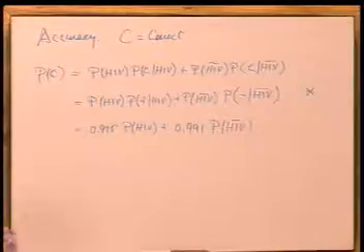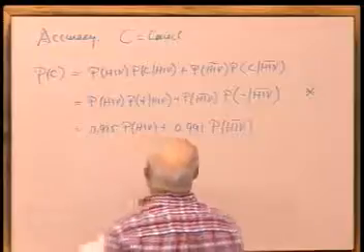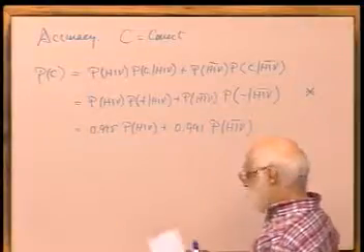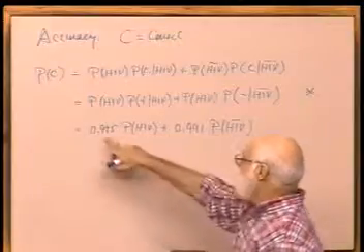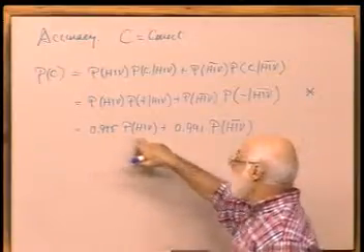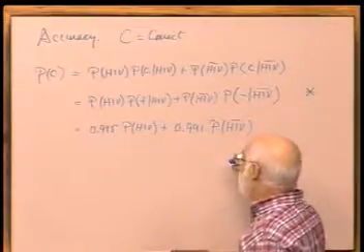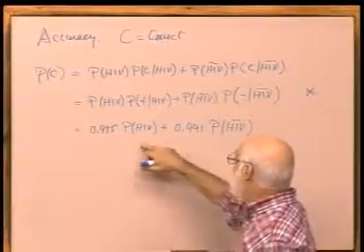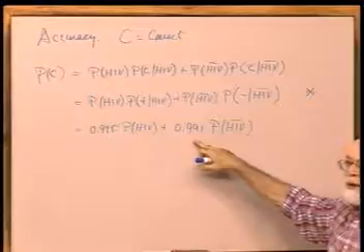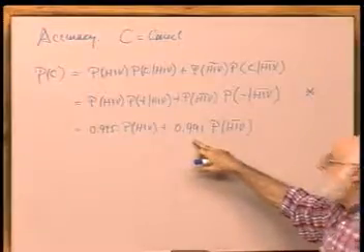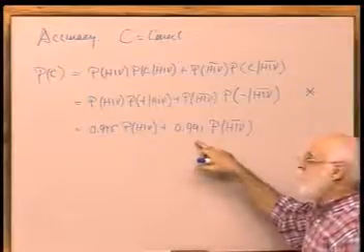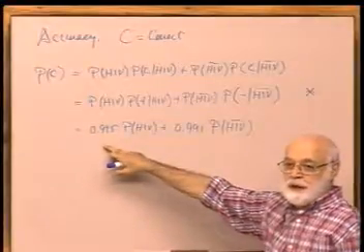Okay, now you can see that when I plug in these numbers, the largest value that this thing can have would be 0.995. In other words, if this is 1 and that's 0, then this would be 0.995. And if this is 1 and that's 0, this would be 0.991. So the accuracy of this test lies somewhere between 99.1% and 99.5%.